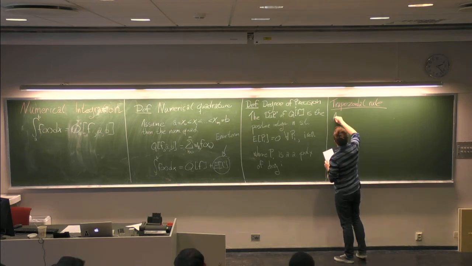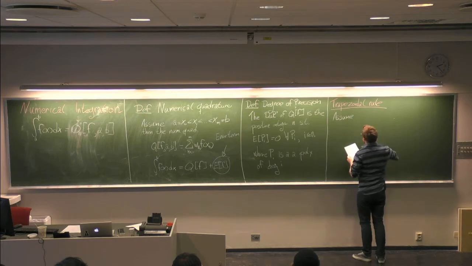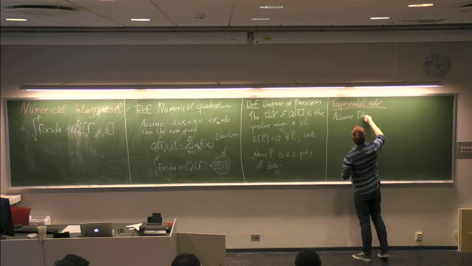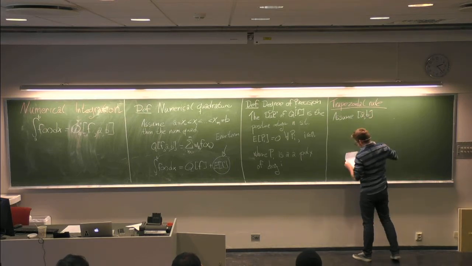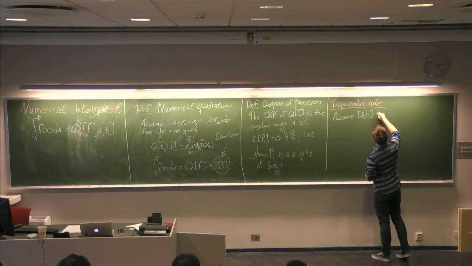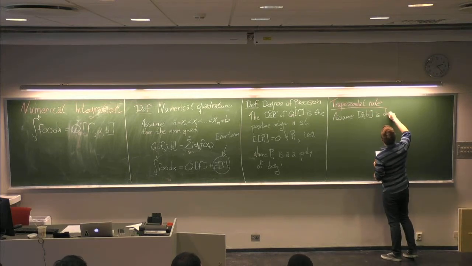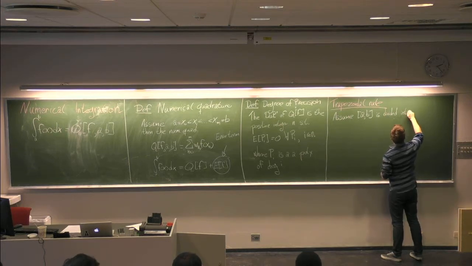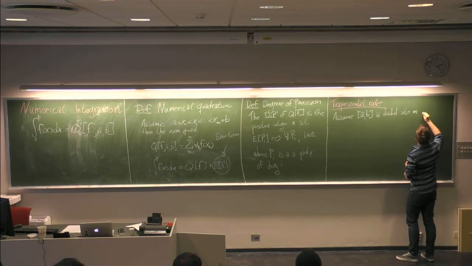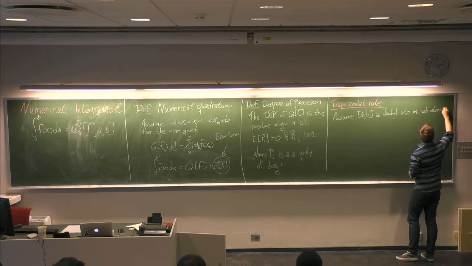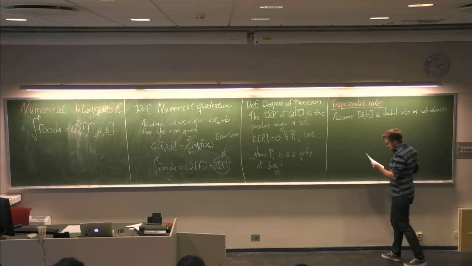So we'll first assume, again, that we have an interval a, b, which is divided into m subintervals, like so.